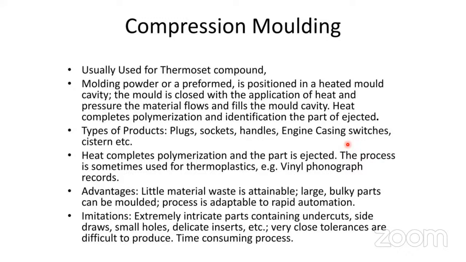So, friend, here polymerization takes place only by heating. And after that, once the polymerization or reaction is complete, the part is ejected. The process is sometimes used for thermoplastics. Example, vinyl phonograph records.